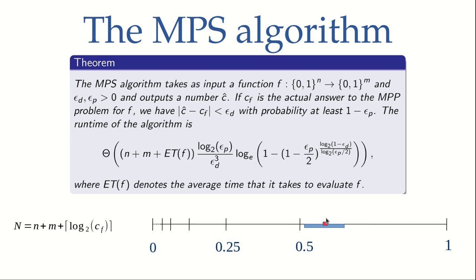And the reason for this is that the ceiling of the logarithm is constant on this interval, and also it's constant on this interval, so between 0.25 and 0.5, and also for higher powers of 1/2.